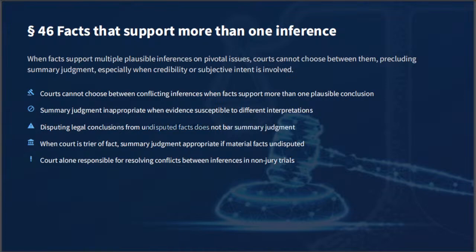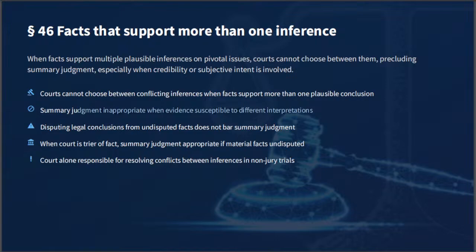But if the facts are disputed in any way, as we say here, even if there's more than one plausible conclusion that can be drawn from facts, then that would be one where the courts can't choose between the two. This doesn't say whether they can or not grant summary judgment, it just says which ones they can't choose. And of course, the summary judgment is inappropriate when the evidence is susceptible to different interpretations.